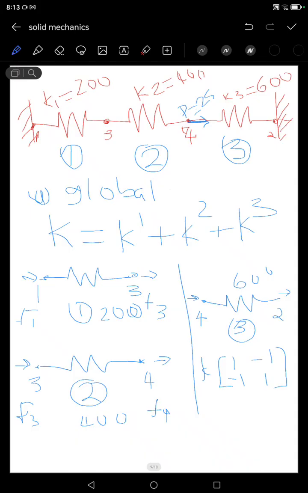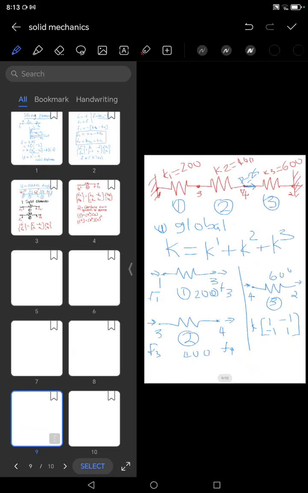That's what we call the boundary condition. We check which node is connected to the wall, and if it's connected to the wall, it's going to be 0. So node 1 and node 2 are connected to the wall, which means u1 and u2 are 0. Okay, guys, did you follow that?